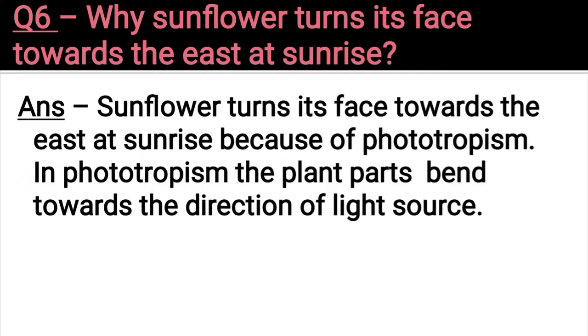Next question is, why sunflower turns its face towards the east at sunrise? So sunflower turns its face towards the east at sunrise because of phototropism. In phototropism, the plant parts bend towards the direction of the light source.